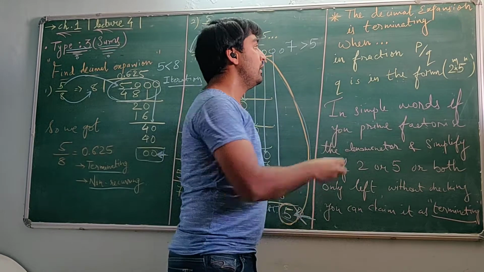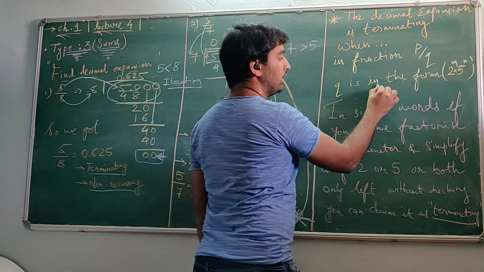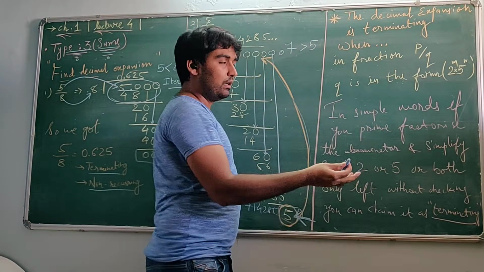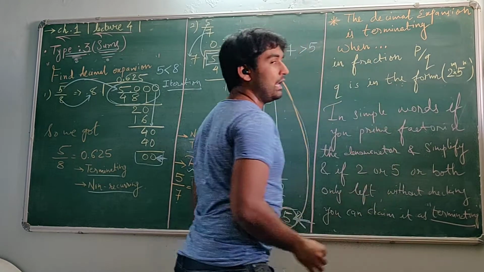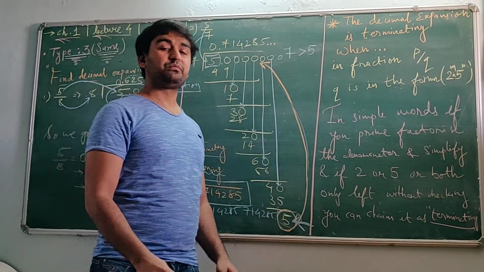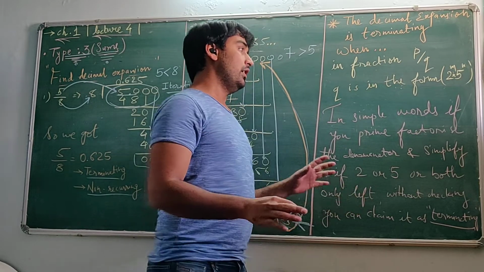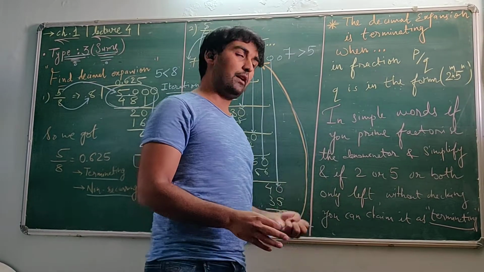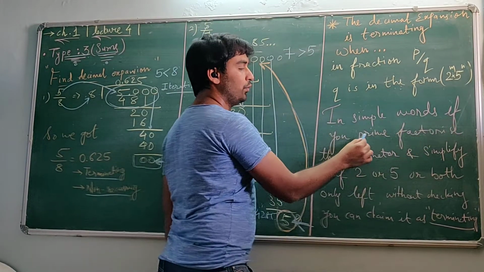Let us check. When in the fraction p by q, q is the denominator, which is in the form of 2 raised to n, 5 raised to n, we can say it is terminating. Otherwise it is non-terminating.